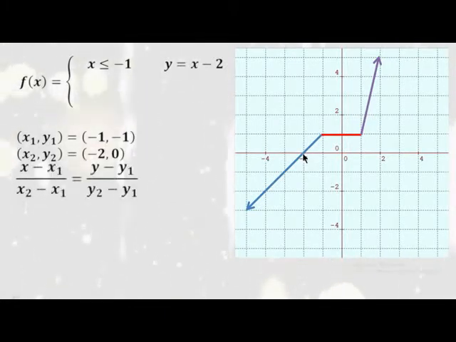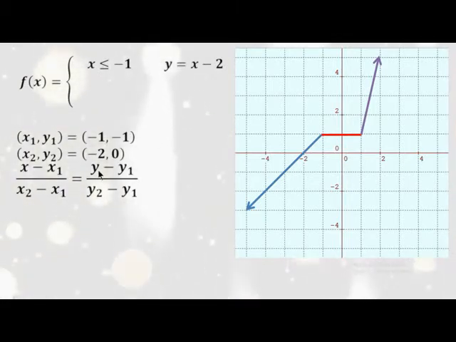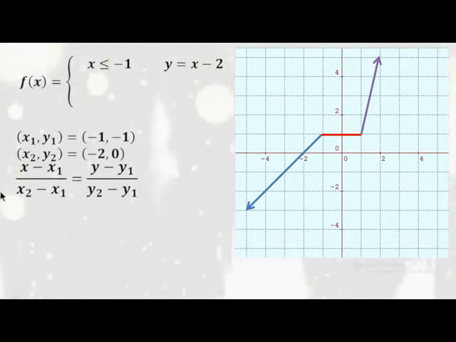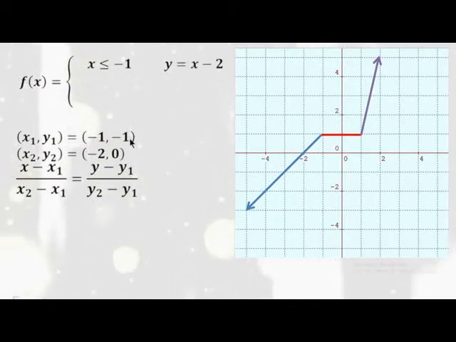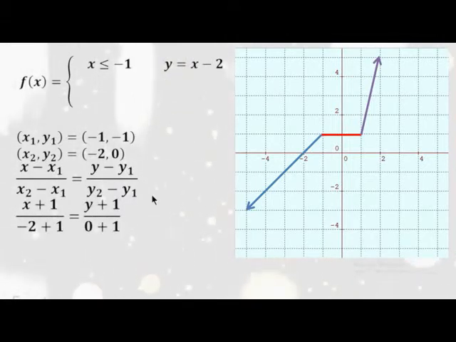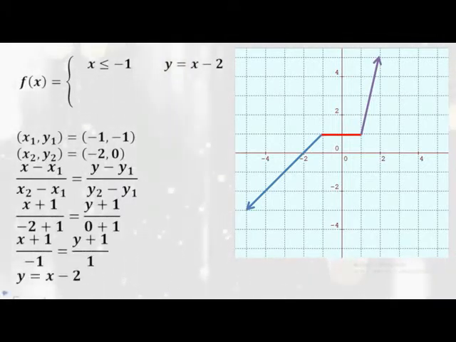And the formula is (x - x1)/(x2 - x1) = (y - y1)/(y2 - y1). I have already told you at the previous meeting about this one. So you just need to substitute the values of x1, x2, y1, y2 into this formula, and you will find that y equals x - 2. This is the equation y = x - 2.